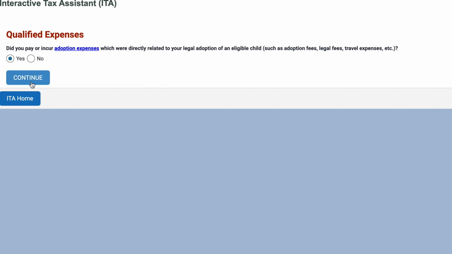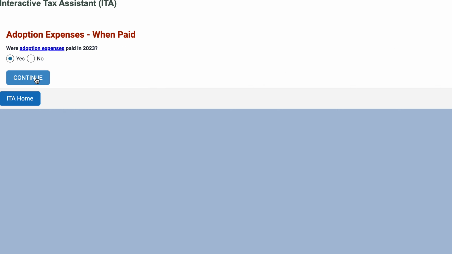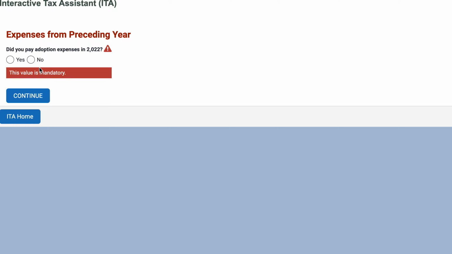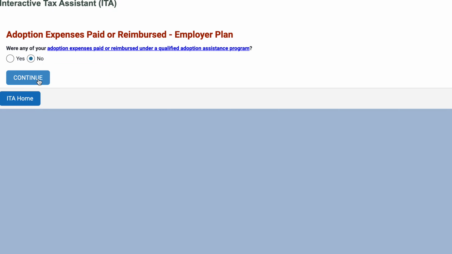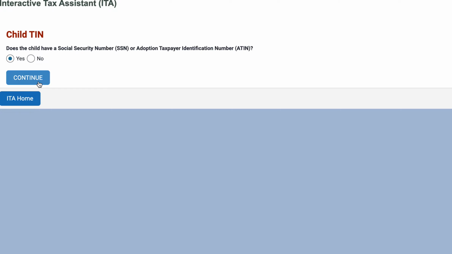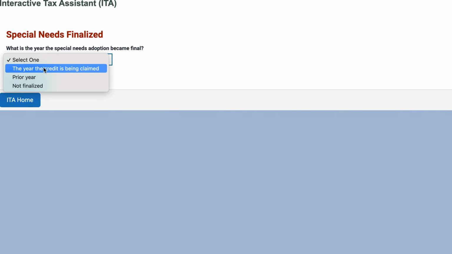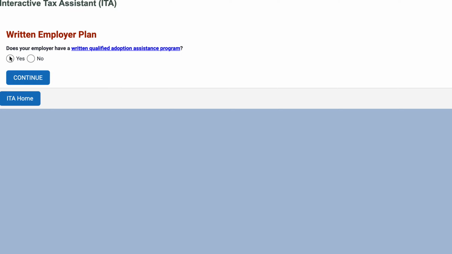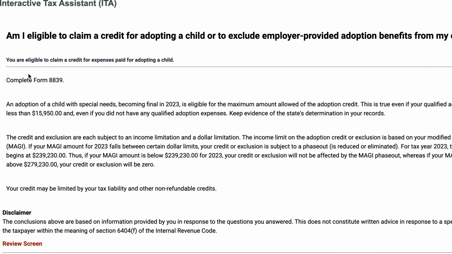I wanted to see if there were different circumstances based on adopting a special needs child. So we're going to go through all of the same information. And there you go.